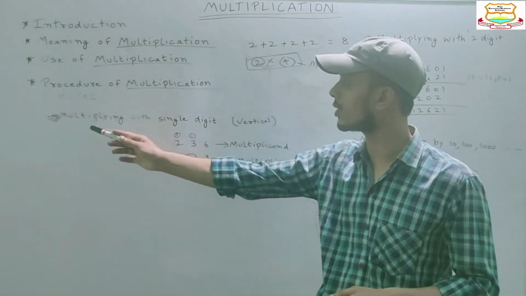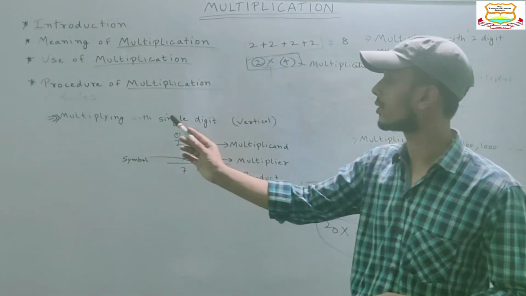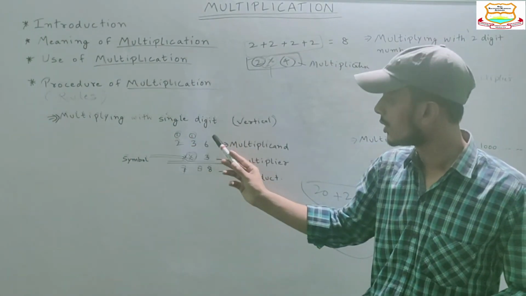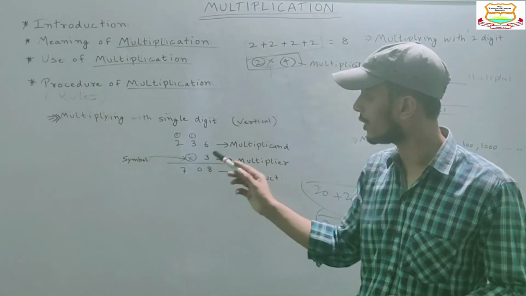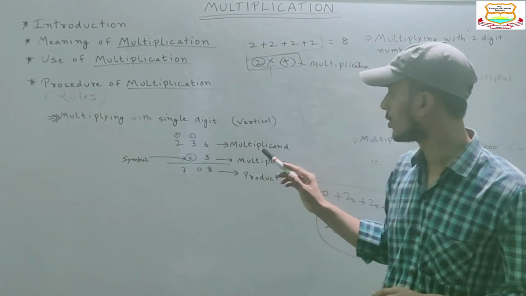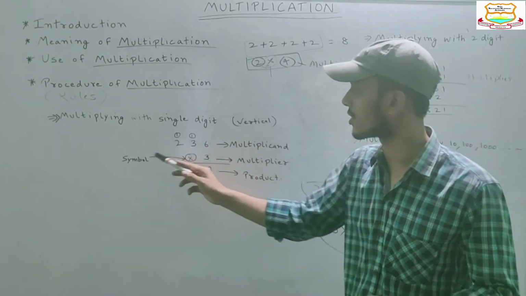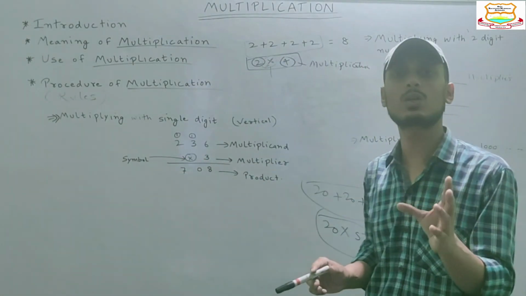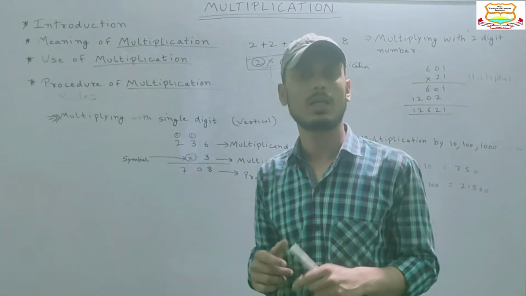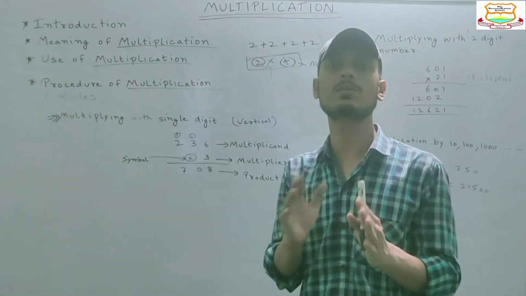Under this topic we learned how to multiply with a single digit. In this example we learned what is the multiplicand, what is the multiplier, what is the product, and this is the symbol. X is the symbol of multiplication. Every operation has some symbol.